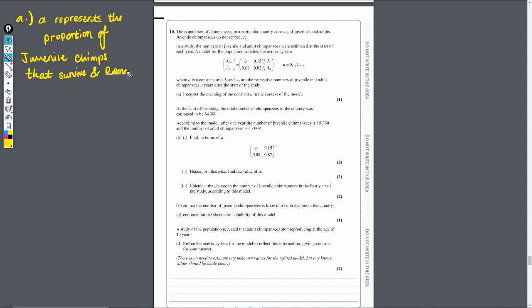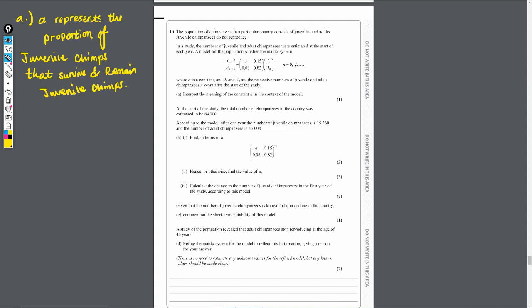So quite a long opener. Okay, so that's part A. For part A, A represents the proportion of juvenile chimps that survive and remain juvenile chimps. Okay, so there's one marker there.